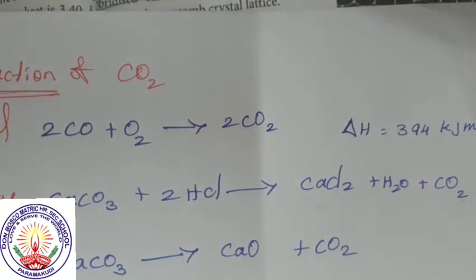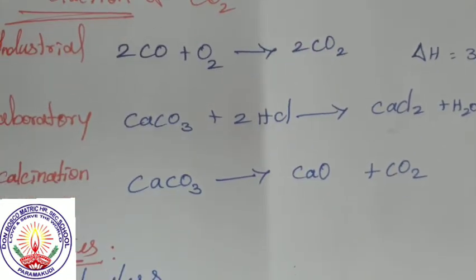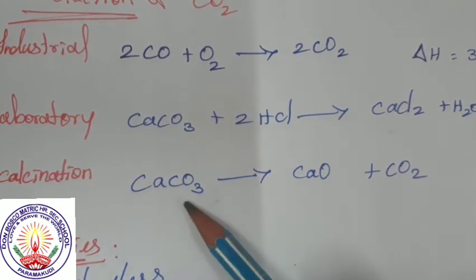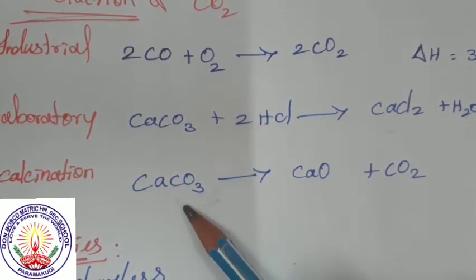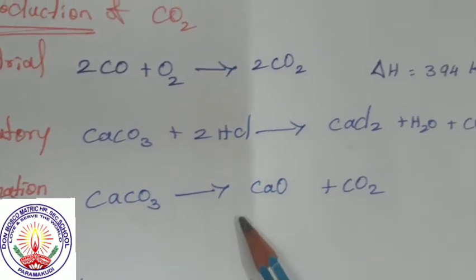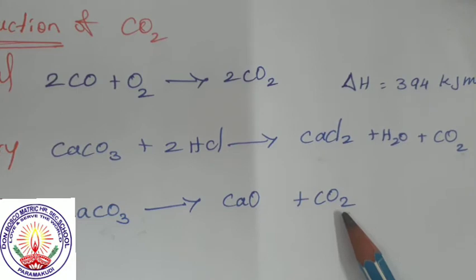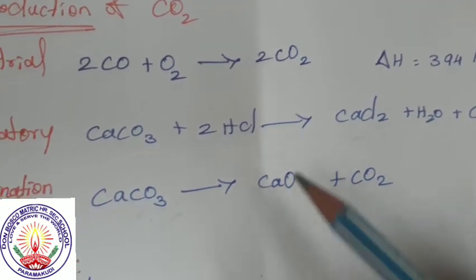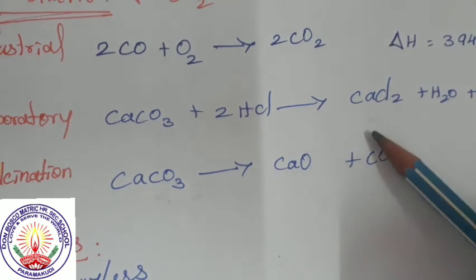And during calcination, that is when we burn this limestone, it gives calcium oxide, and as a byproduct we get carbon dioxide. So these are the three ways we can prepare carbon dioxide.